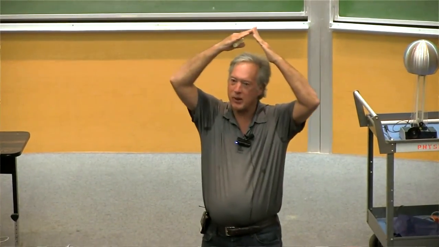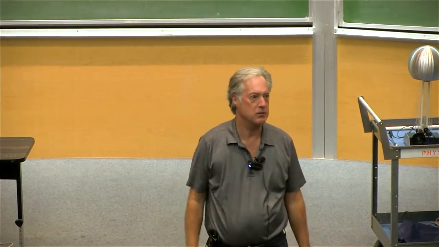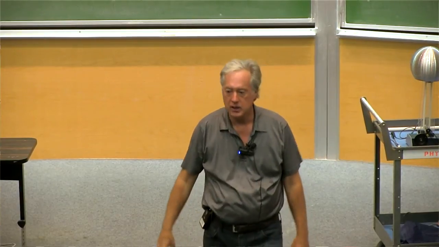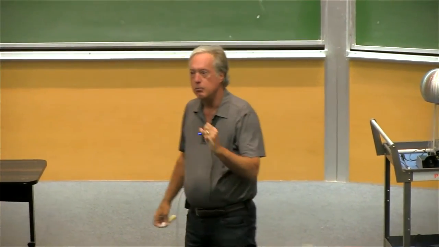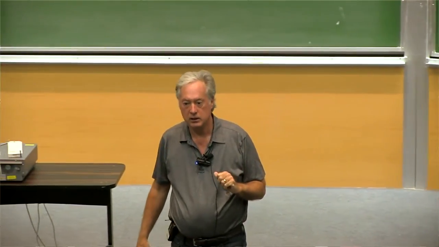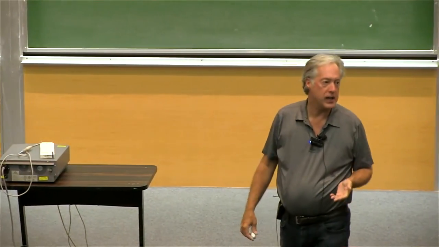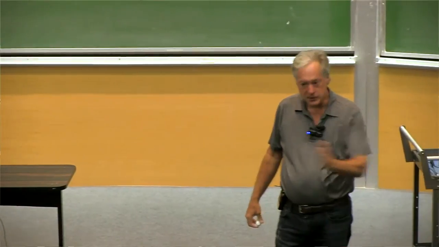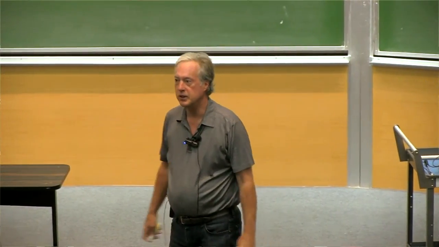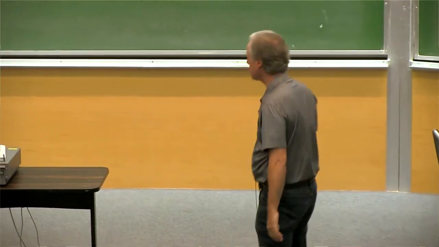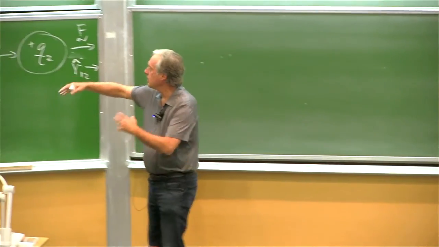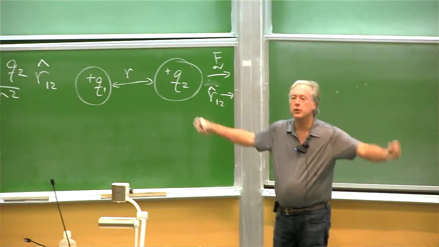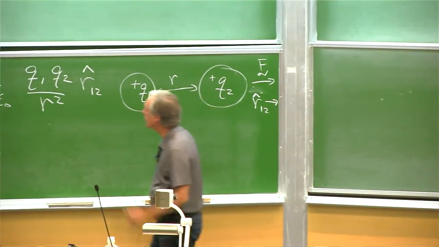It's like a little pointed hat. A little pointed hat means unit vector. A unit vector has direction, but its magnitude is 1. So when you multiply by a unit vector, it tells you the direction of things, but it does not change the magnitude of what's going on. So this tells us that it's a force that's repelling away from the other charge.